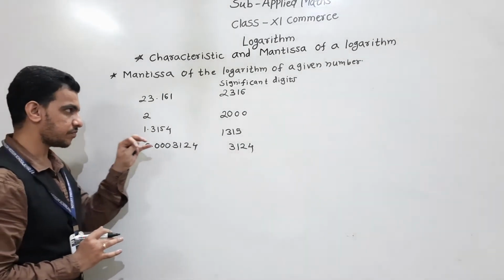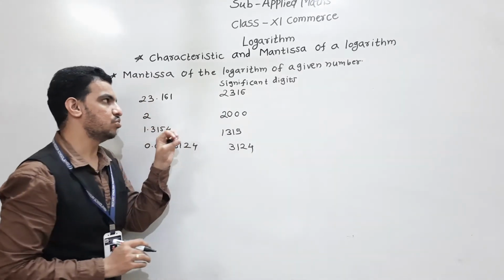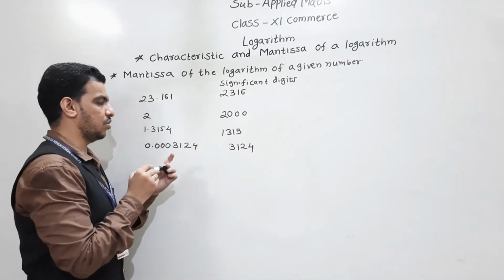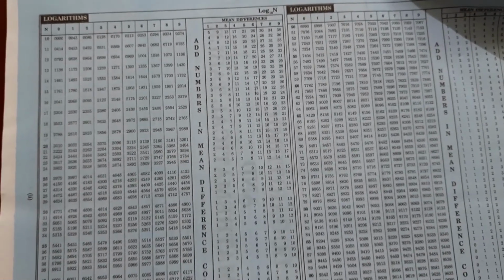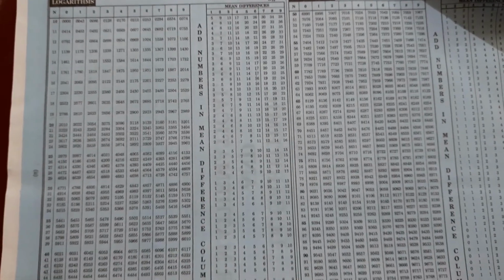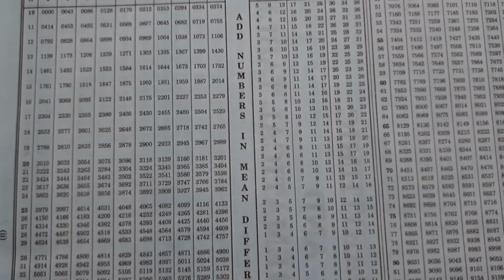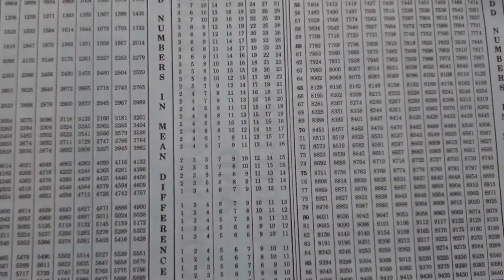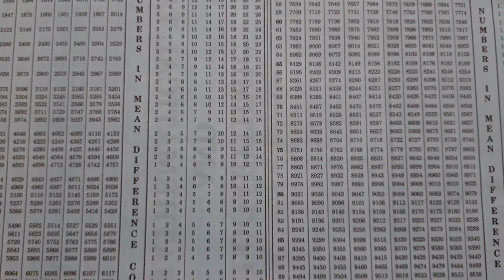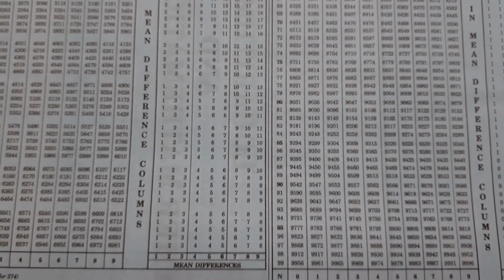There is a log table, so I will show you the log table. In it there are 90 rows, starting from 10, 11, 12, 13, 14 up to 99. See here, it goes up to 99.